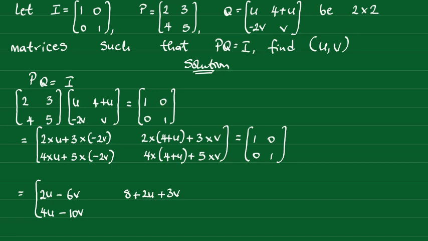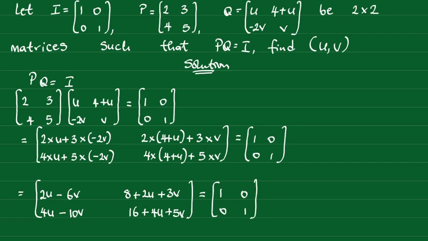And lastly, we have 4 times 4 gives us 16, 4 times plus U gives us plus 4U, plus 5 times V giving us plus 5V. This is equal to (1 0 0 1).